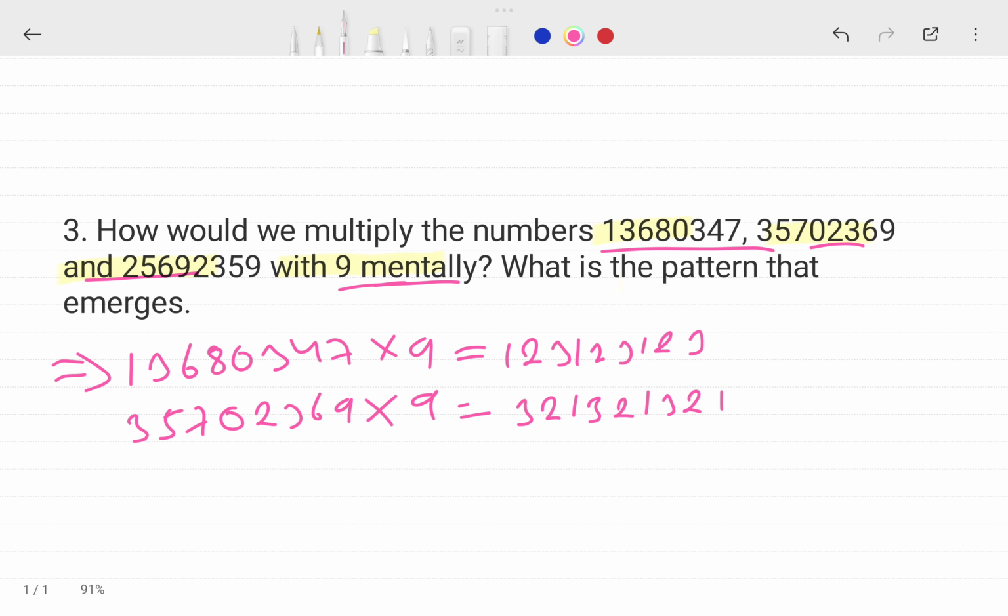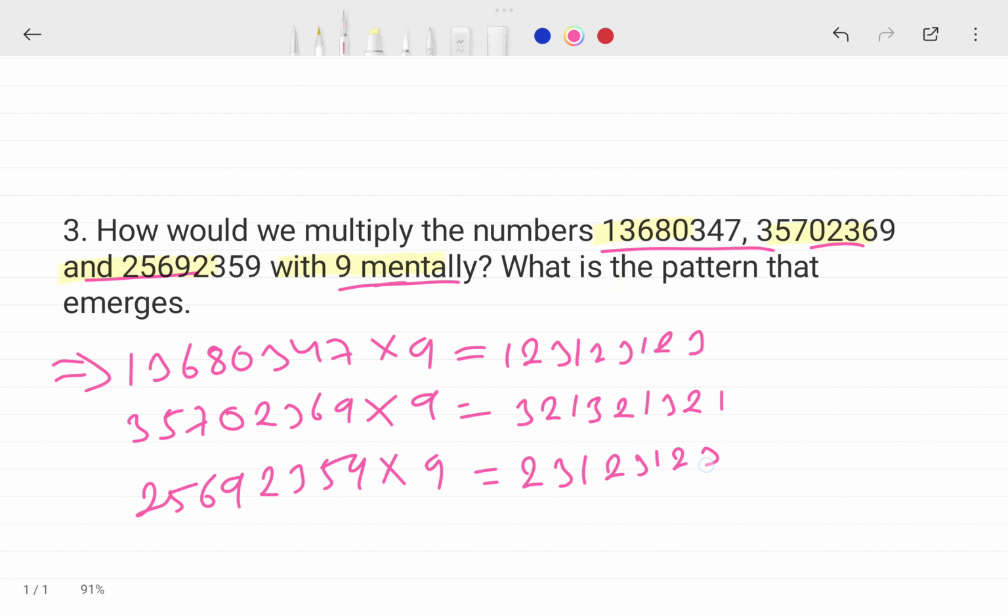And if you multiply 25692359 by 9, I get the pattern 231, then 231, then 231.